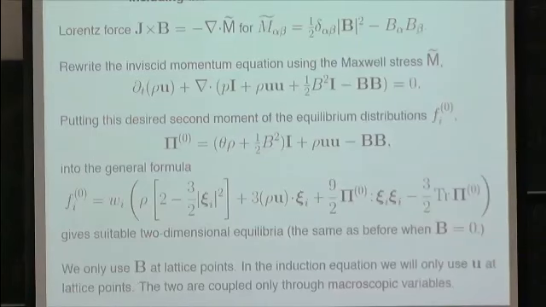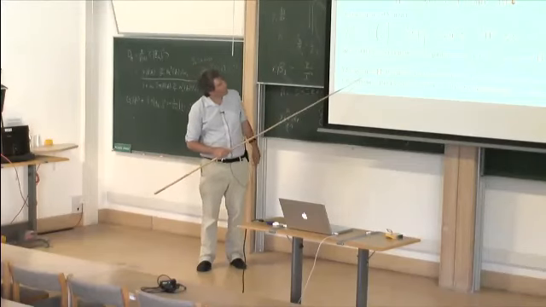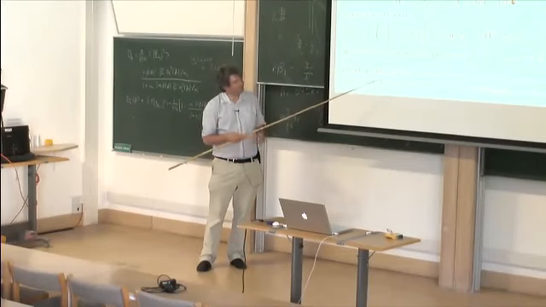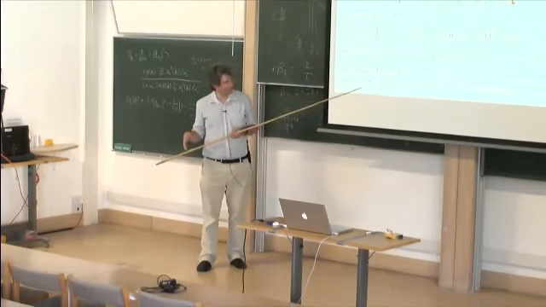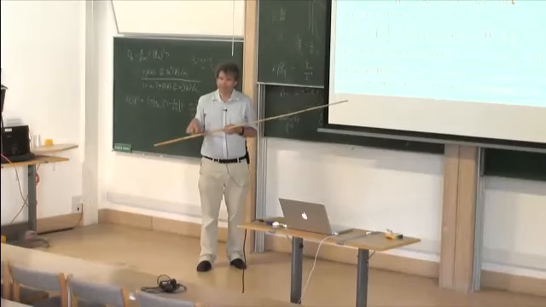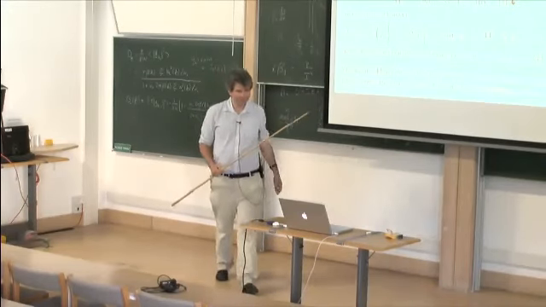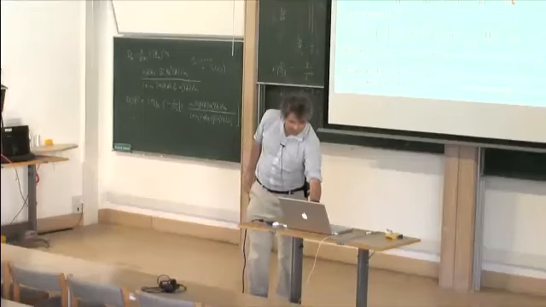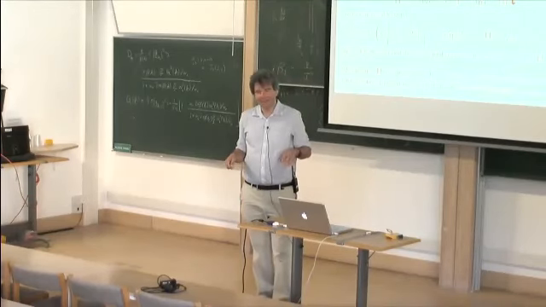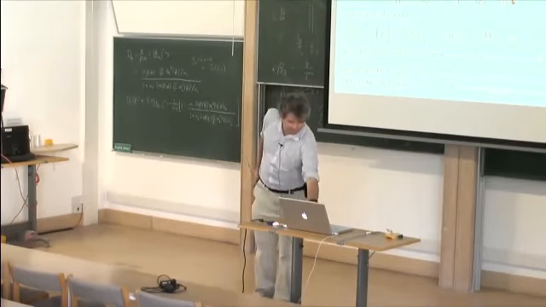And then I can plug that in, do the Chapman-Enskog expansion, and I get Navier-Stokes out with a Lorentz force. Notice that I only need B at lattice points, and in the induction equation I'll only need U at lattice points. So the two bits, the hydrodynamic bit and the magnetic bit, are only coupled through the macroscopic variables, which makes it nice and modular. You can take your favourite Lattice Boltzmann hydrodynamics code and then bolt on an extra bit to do MHD.